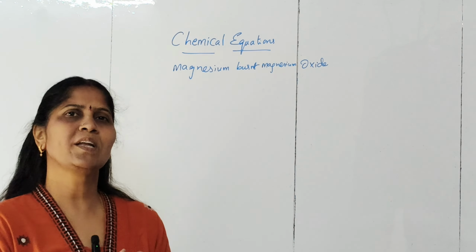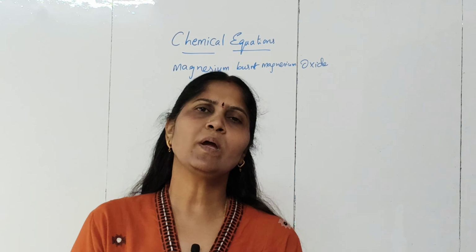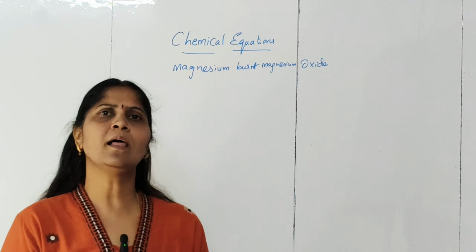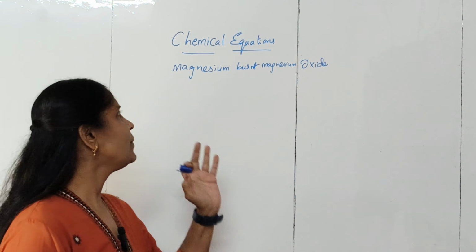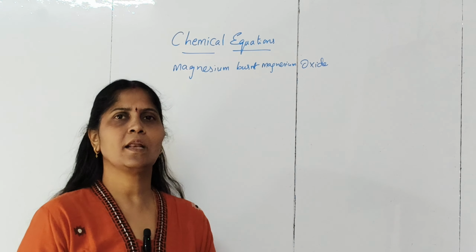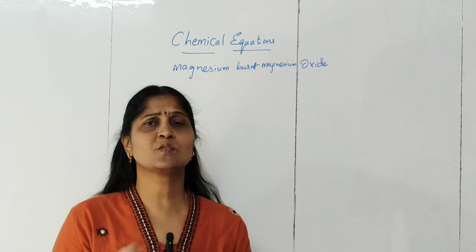First of all, what is an equation? An equation is a simplified form of representing a chemical reaction. If I say that magnesium when burnt in flame produces magnesium oxide, this sentence is too long.